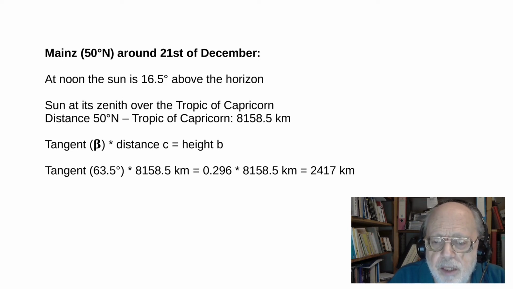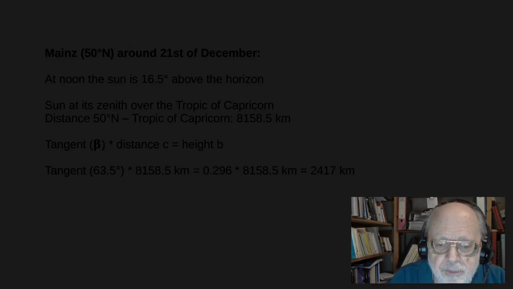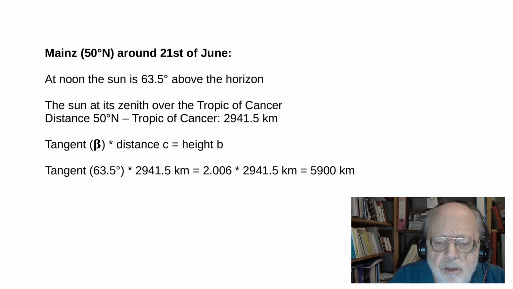The distance from Mainz to the tropic is 8,158.5 kilometers, and we get the height of the sun above the earth on December 21st to 2,417 kilometers.